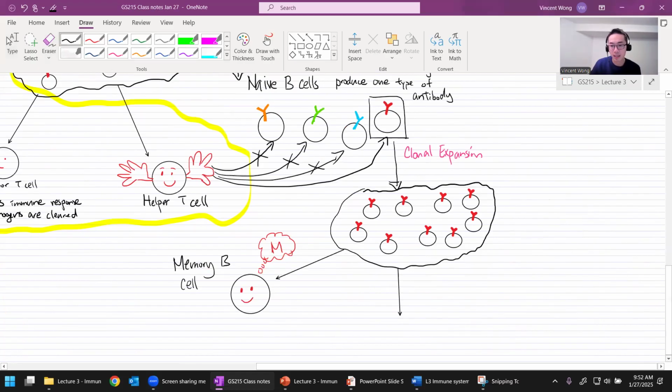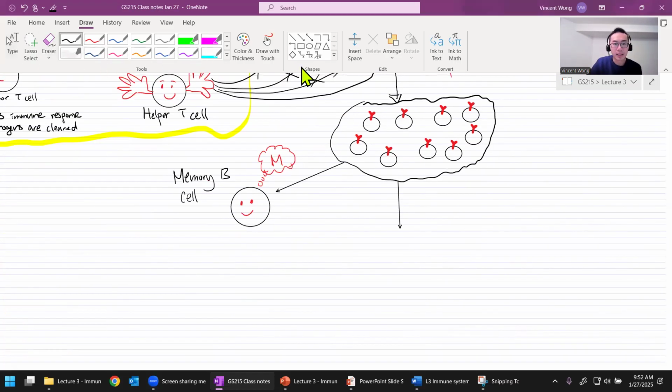It's the same thing. And then the other one here is it will become this plasma cell. Okay, this plasma cell is basically an antibody factory. Okay, so this is plasma cell.